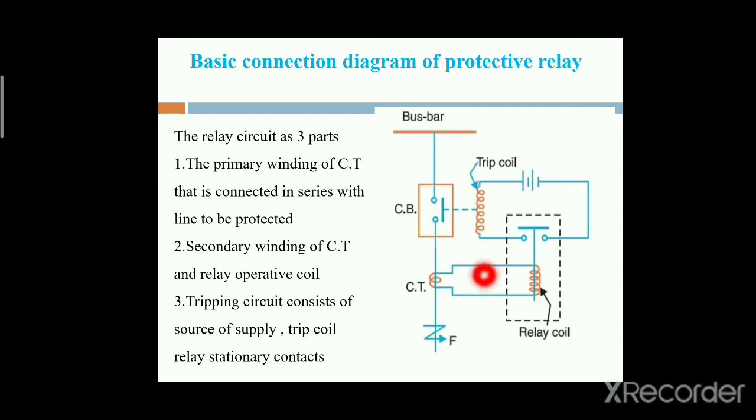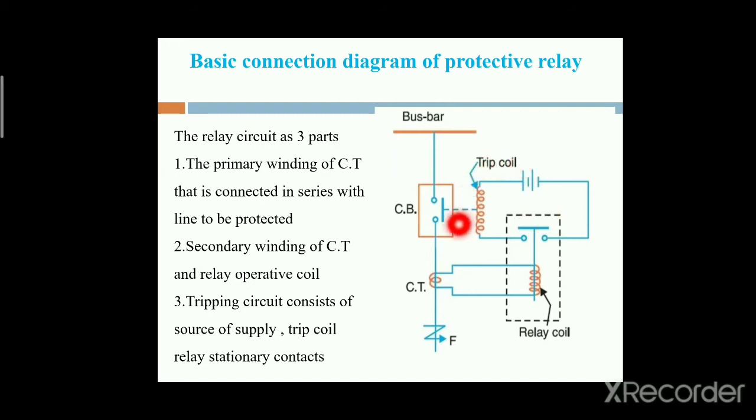Suppose a fault occurs at this F point, then that fault current flows through this CT, and the secondary fault current of this CT flows through the relay coil. Then the relay coil is energized, it pulls this contact, and the tripping circuit is closed.